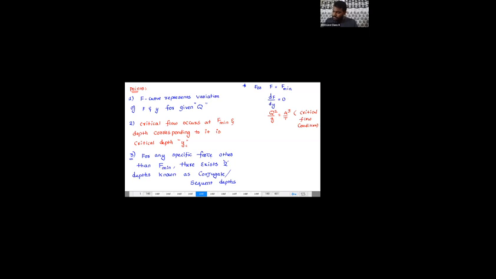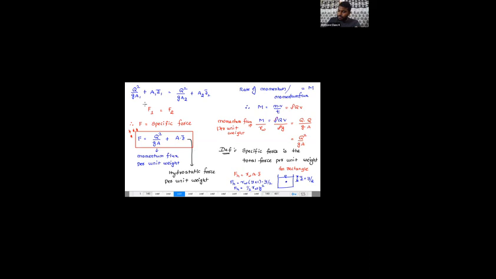And from this specific force, I can now say the note point is that the specific force before and after the jump is the same, which means F1 equals F2.